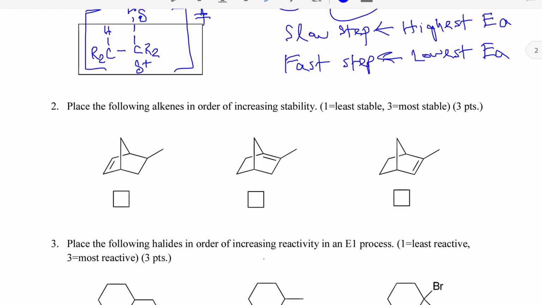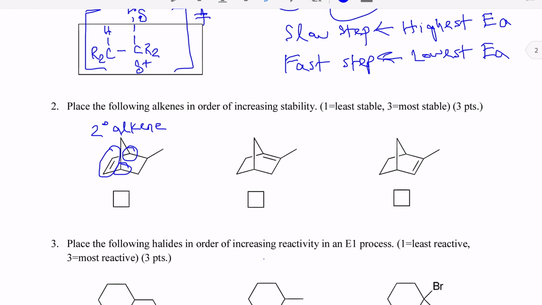So when we look at the compound to the left, we see that there is a double bond, and that the double bond is attached to 2 carbon atoms, right? So this means that the double bond is a secondary alkene.